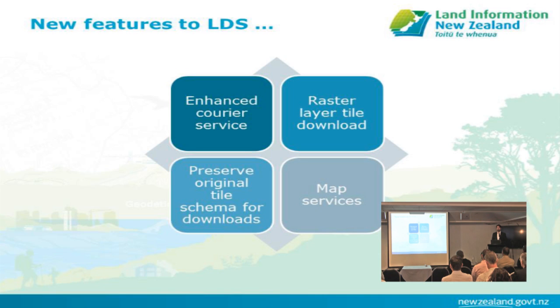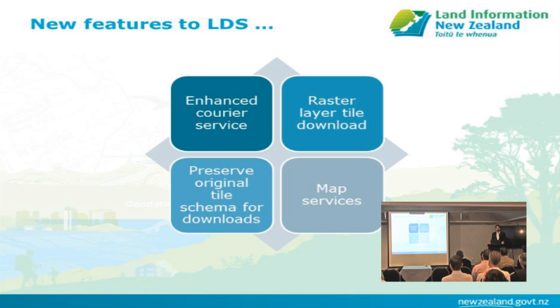Prior to February, you could only order up to 250 gigabytes in one courier order. Now obviously with the imagery being released, we're going to be scaling up to terabytes or tens of terabytes. So we've improved the courier service system so that courier orders of 10 terabytes plus can occur, and we've rejigged the pricing model and the infrastructure to make that happen.